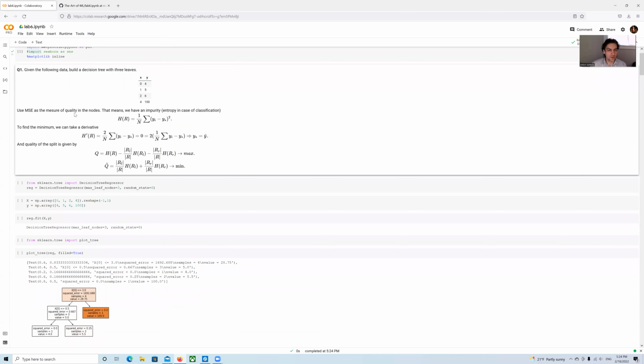We should build a decision tree with quality measure mean square error instead of entropy in case of classification, with 3 leaves. So let's get started.